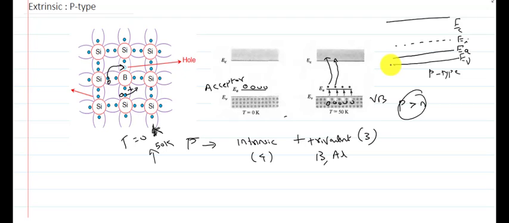Then the next classification is extrinsic semiconductors, that is doping, the process of adding impurities to the intrinsic semiconductor. Doped intrinsic semiconductors are known as extrinsic semiconductors, and these can be classified according to the different methods of doping. If we add pentavalent impurities to the intrinsic semiconductor, it is known as an N-type semiconductor. If we add trivalent impurities, it is known as a p-type semiconductor.